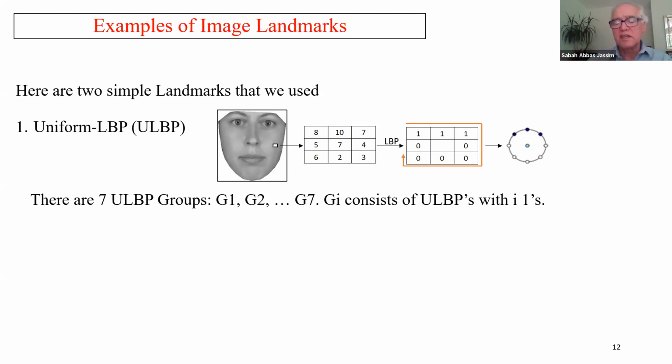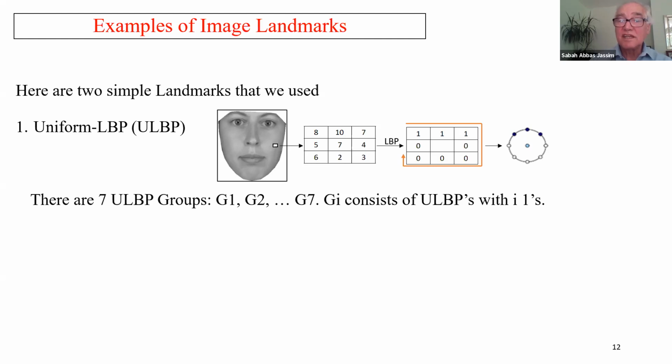You could actually have 4 neighbors, 16 neighbors, and so on, but this is the simplest one. You look at any pixel and its 8 neighbors, starting from any point. Top left corner is as good as any other place to start, and you go either clockwise or anti-clockwise, there's no difference.